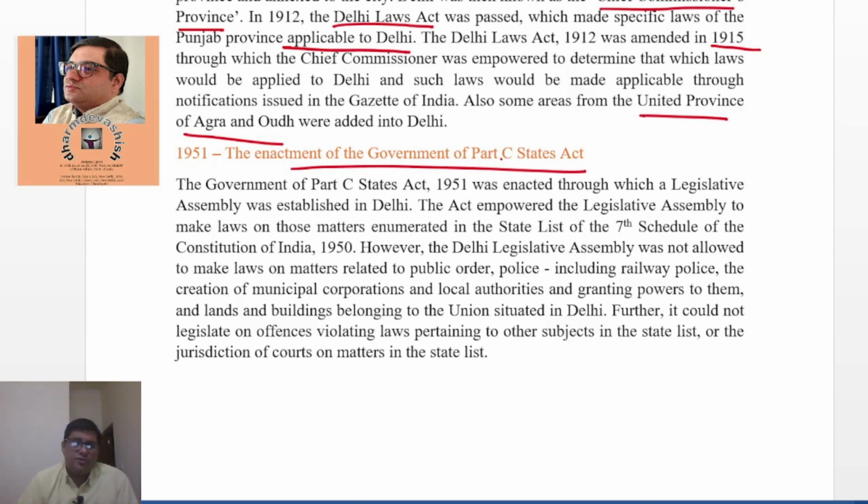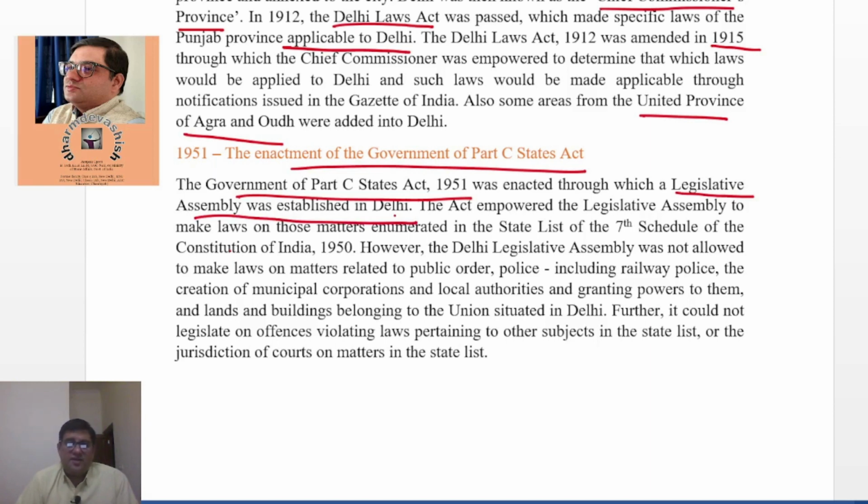Now, with respect to the administrative setup of Part C states, this Government of Part C States Act 1951 was enacted, and through this act, a legislative assembly was established in Delhi for the first time.